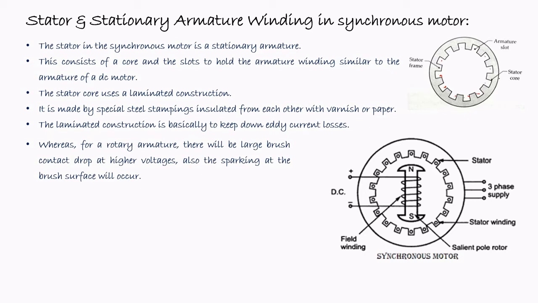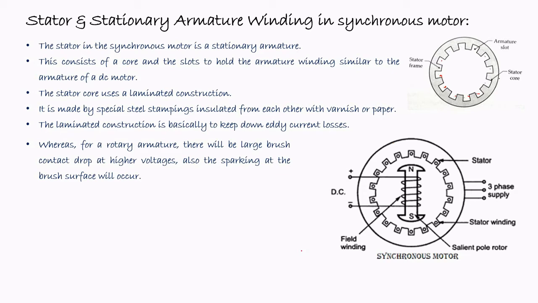As we have already discussed in case of synchronous generator, the armature in case of synchronous machine is basically placed in the stator because there are various reasons. First is the armature winding is three phase. So three phase armature winding with insulation will be heavy in weight. Therefore, if we put the armature winding on the rotor, then the inertia of the rotor will be very high.